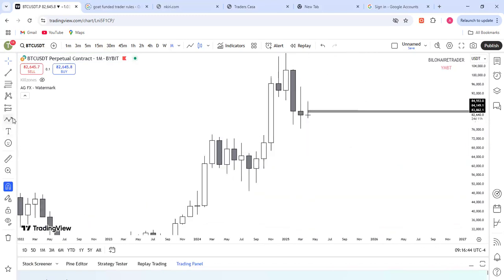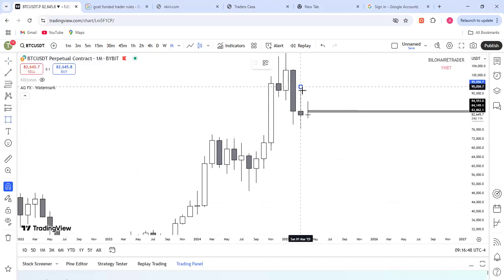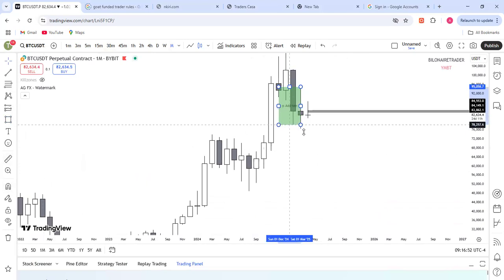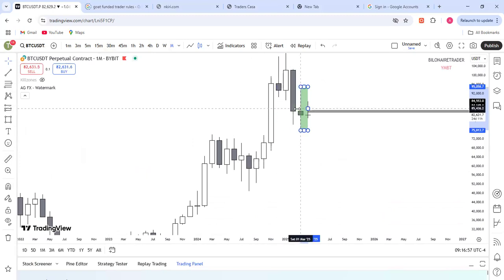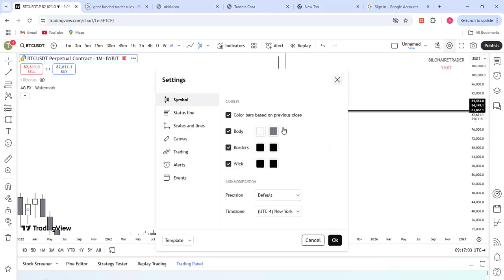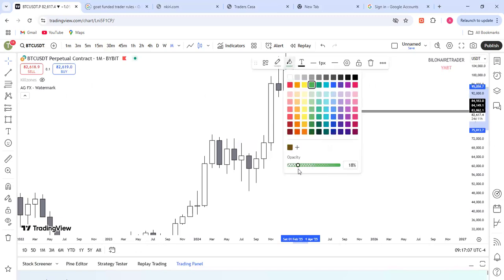So, for example, this candle here, hold on for me, this bearish candle, the one I'm marking out in green. Can you see it now? Let me reduce the contrast of that green.